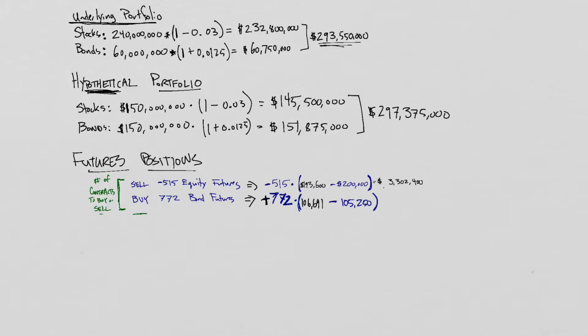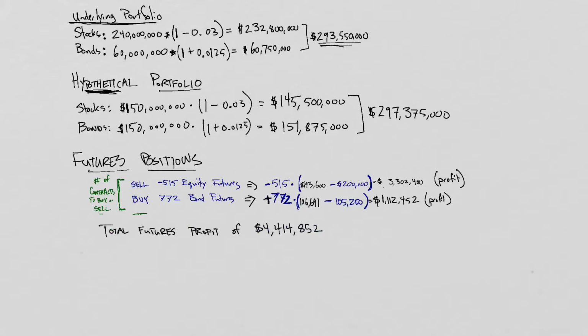In that case, it worked out for us because bonds rose, and we made a net profit on just the bonds of about $1 million. And if we combine the profit on these two positions together, we see a total profit of $4.4 million on just the futures positions.